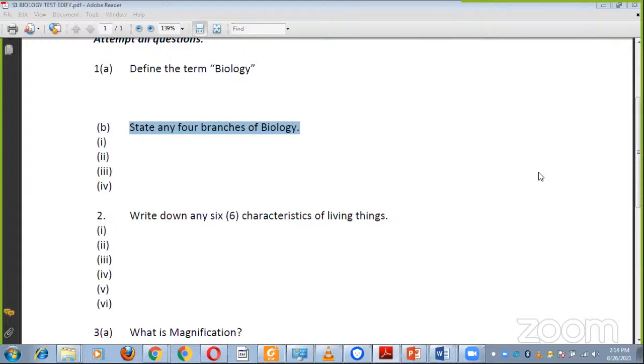Because micro means something too small. Yes, that is true. I wanted to know whether you really understood what they mean by small. In the case of microbiology, normally they mean those organisms which are too small to be seen by your naked eyes. For you to see them, you need an instrument like a microscope. So they are microorganisms. Okay?